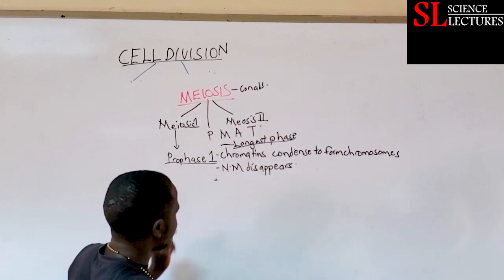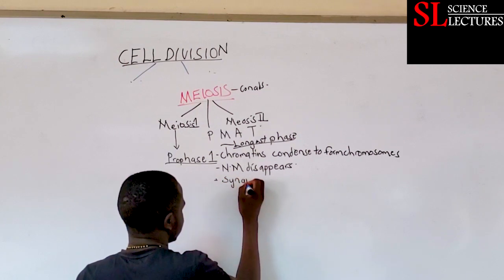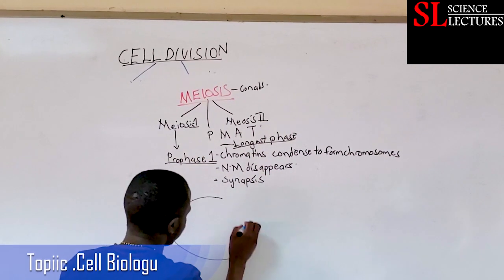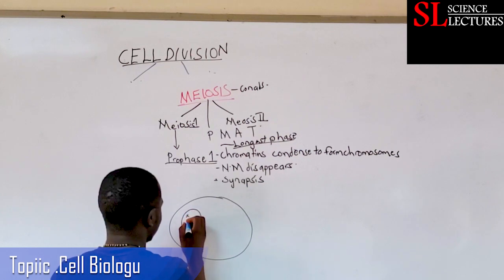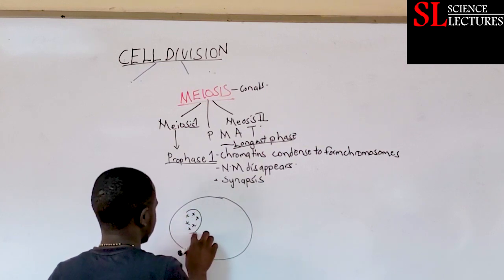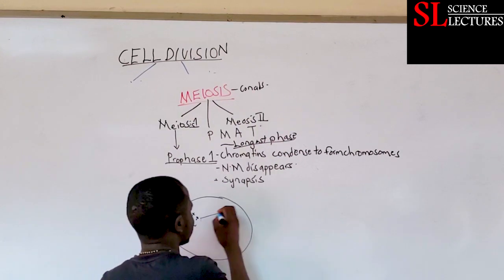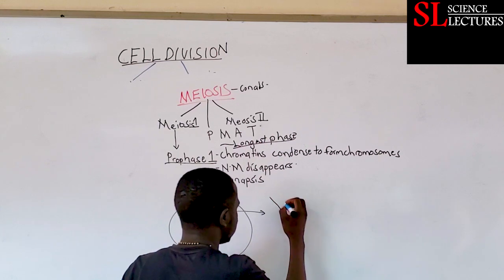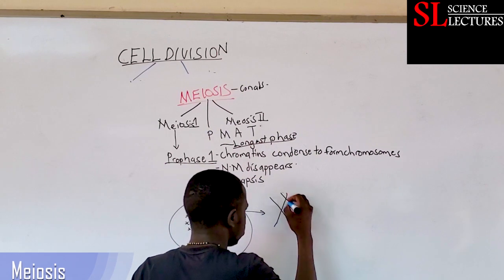So in prophase 1, we have another special event called synapsis. If this is my cell, the chromatins are now condensed to form chromosomes, and the nuclear membrane disappears. In a zoomed structure, this is a chromosome that shall pair up with another chromosome.